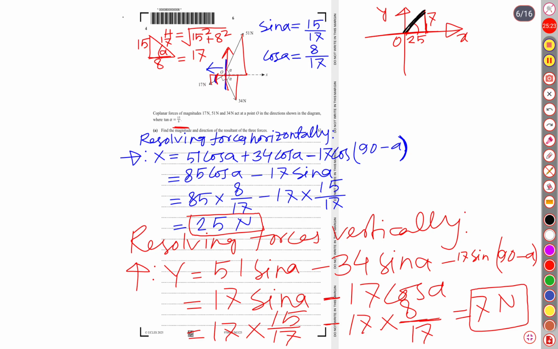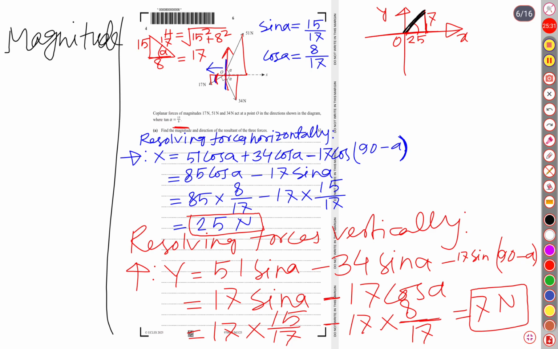I will use the left side for writing. So magnitude is equal to, how can we find this magnitude? That means this hypotenuse is equal to square root of horizontal length, that is 25 square plus 7 square.